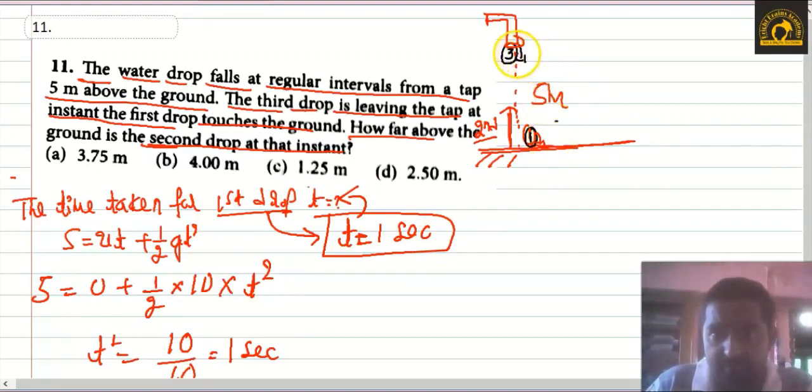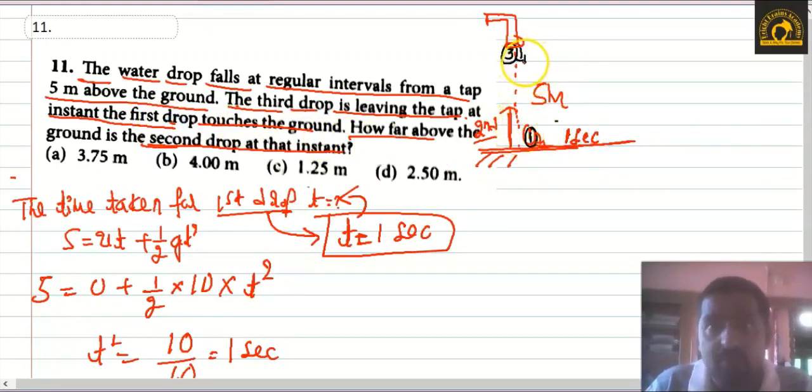The given data: water drops fall at regular intervals of time from the tap 5 meter above the ground, and the third drop is leaving the tap at the instant the first drop touches the ground. The first drop takes 1 second to touch the ground.